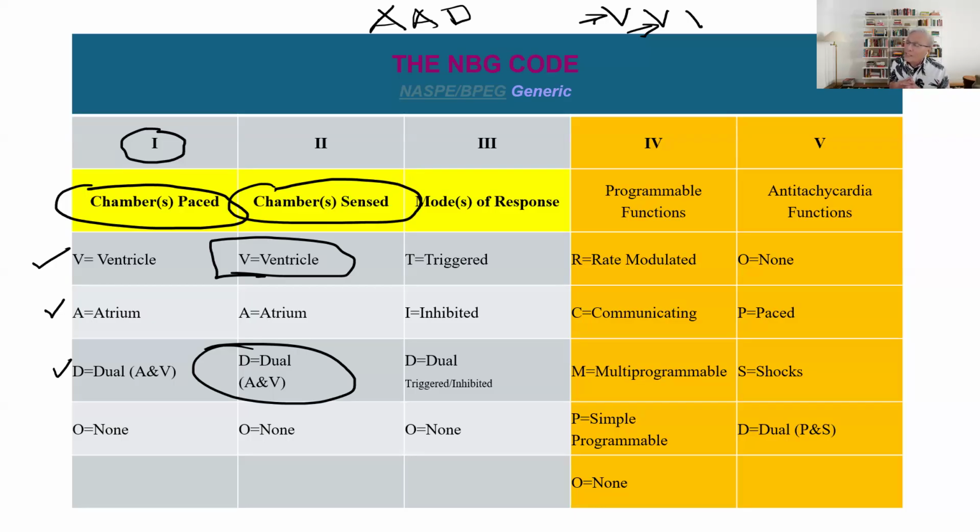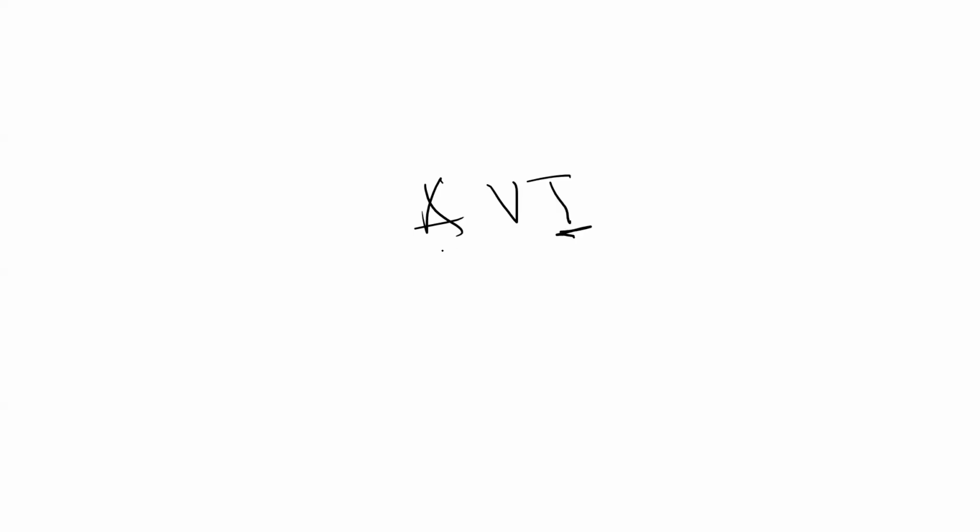So in an AVI pacemaker, what is being paced? Where is the pacemaker stimulus being delivered? The atrium. What is being sensed? The ventricle.